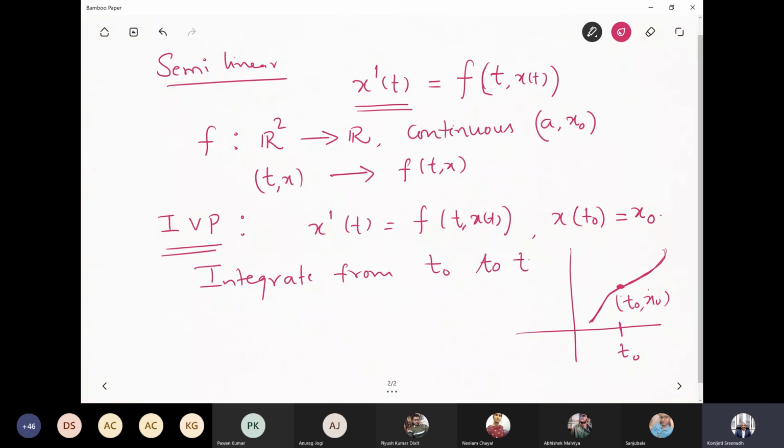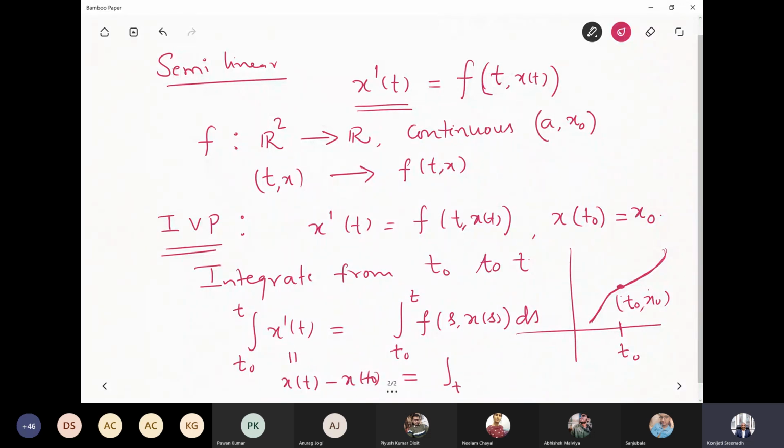When we integrate it, we get x prime from t naught to t, which is equal to the integral from t naught to t of f(s, x(s)) ds, s being a dummy variable. The left hand side is going to be, since x prime is there, nice: x(t) minus x at t naught, which is equal to this.